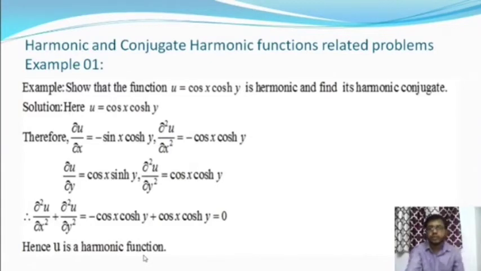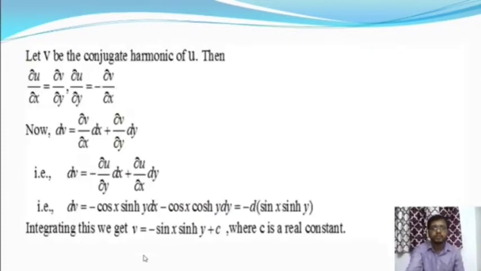Next we are looking for the conjugate harmonic function of u. What is the definition of a conjugate harmonic function? If the function u is harmonic, that is, it satisfies the Laplace equation, as well as the Cauchy-Riemann equations, then the conjugate harmonic function of u is v.